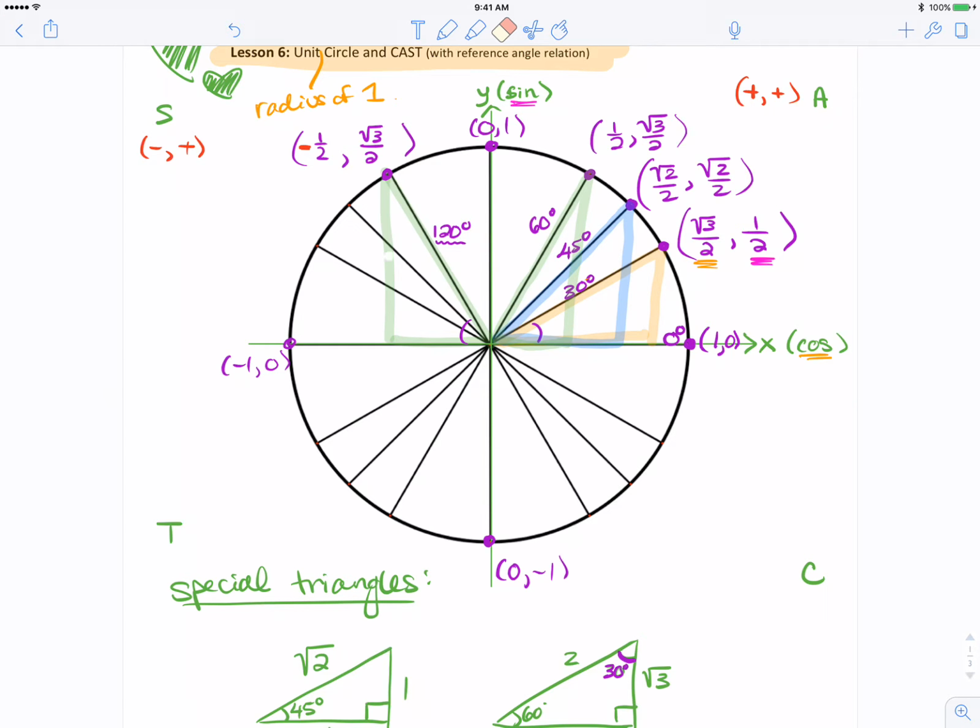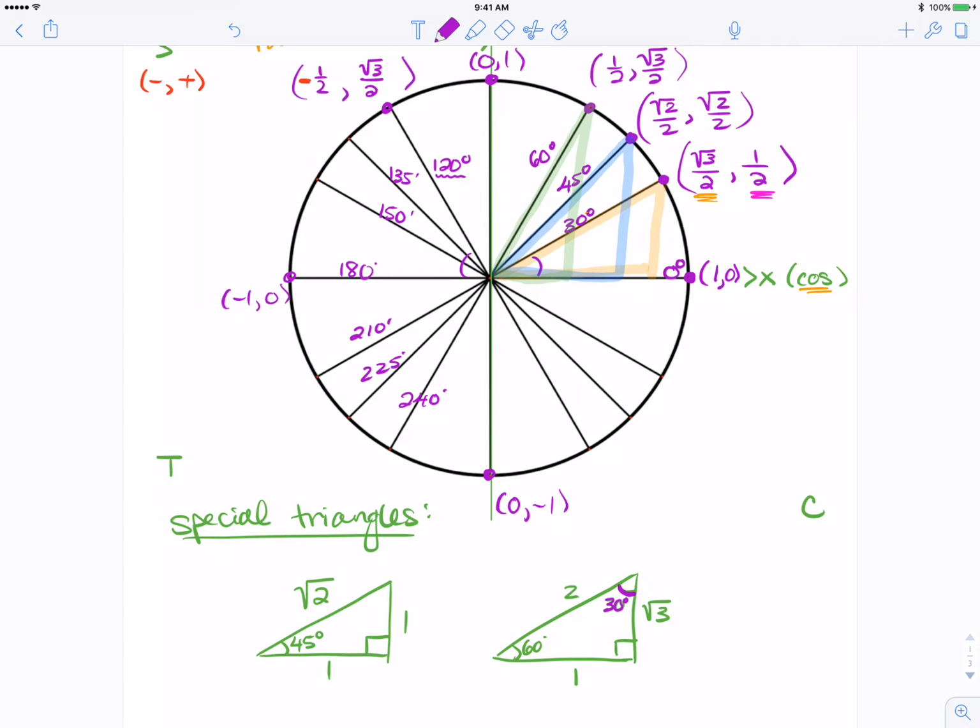I'm going to go back and, before we move on, label all the different angles in my unit circle. So I got to 120 degrees. This is 135, 150, and I get all the way to 180. From there, I want to go 60 degrees more to get to 210. Remember, 45 degrees in the middle, so 225, 240.